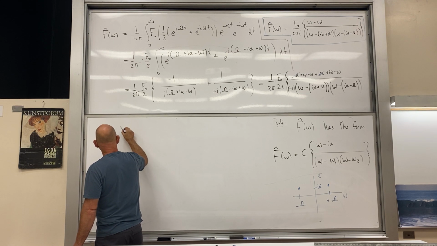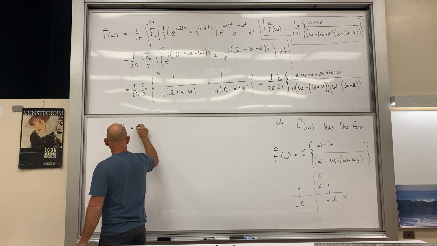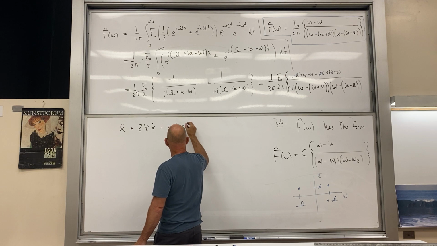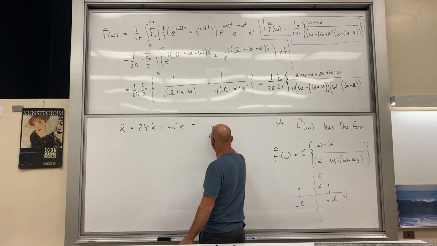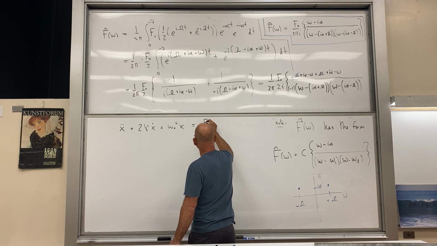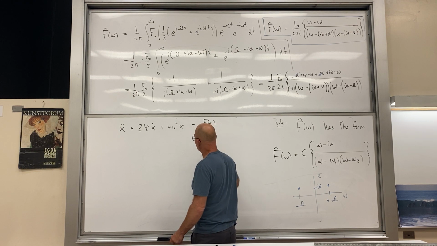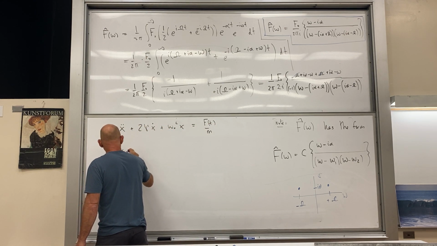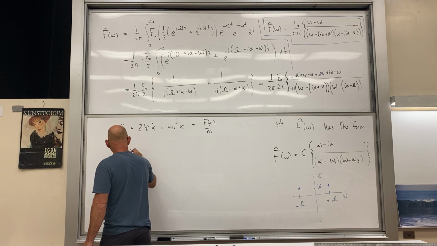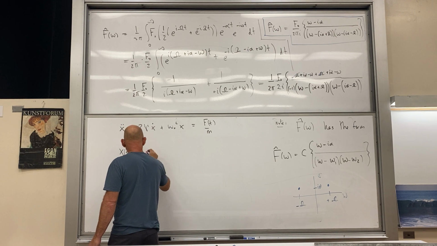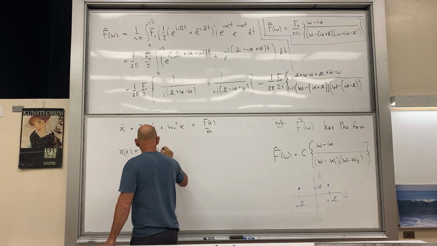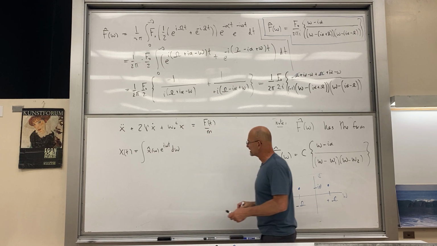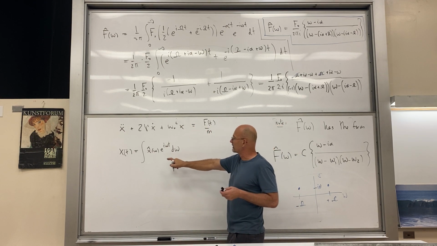We have our differential equation equals f of t over m, and we have x of t equals the integral of x hat of omega e to the i omega t d omega. That's eventually the integral we're going to have to do, but we don't have x hat of omega yet.